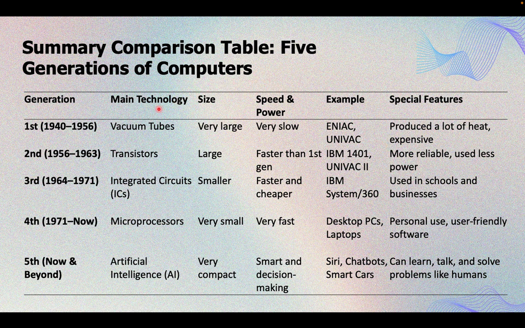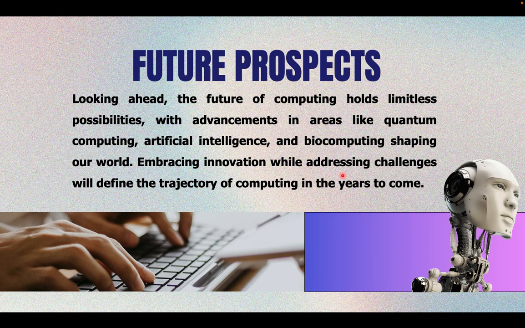We started from vacuum tubes to artificial intelligence. We talked about very large systems to very compact systems, and from very slow systems to now smart and decision-making devices. So this is the brief summary of all that we have discussed.